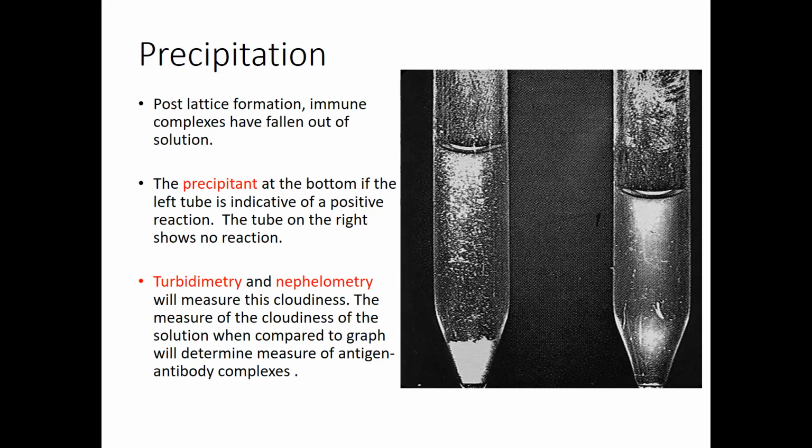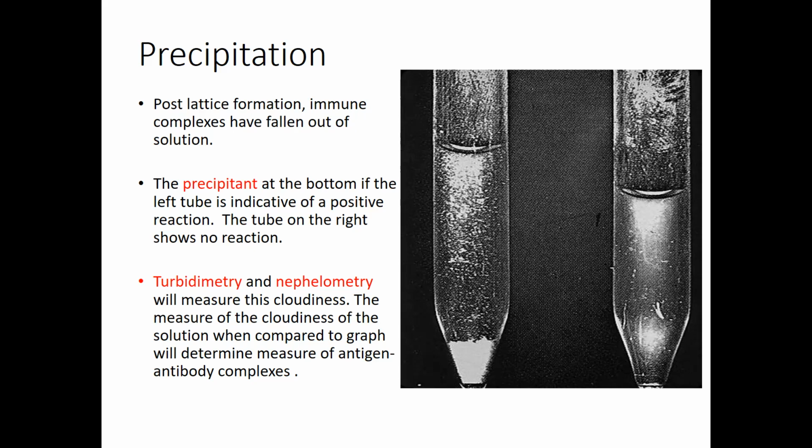Remember, the lattice formation was one immunoglobulin bound to epitopes on two different particles, whether it's a cell or something else, and we end up with the linking of many antibodies bound to two particles, and you end up with that cross-linking. It becomes visible because it gets very heavy and falls out of solution, becomes insoluble.